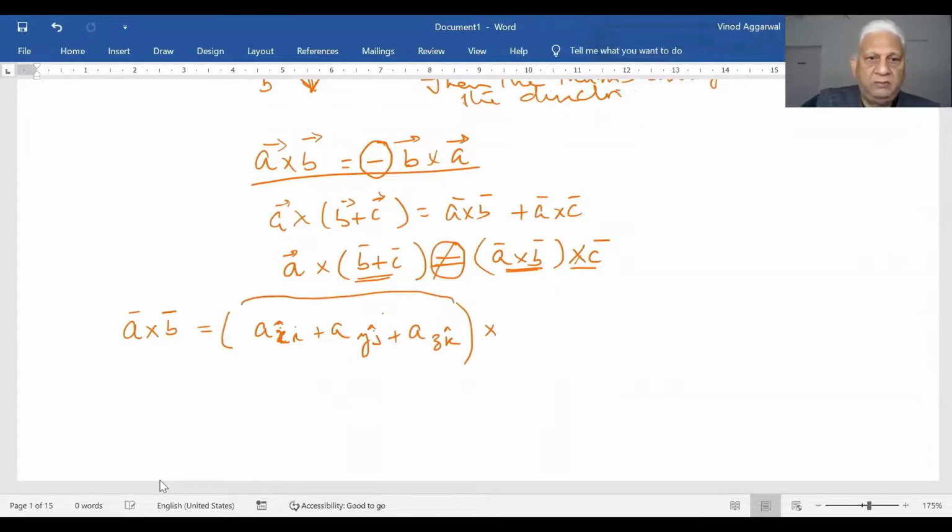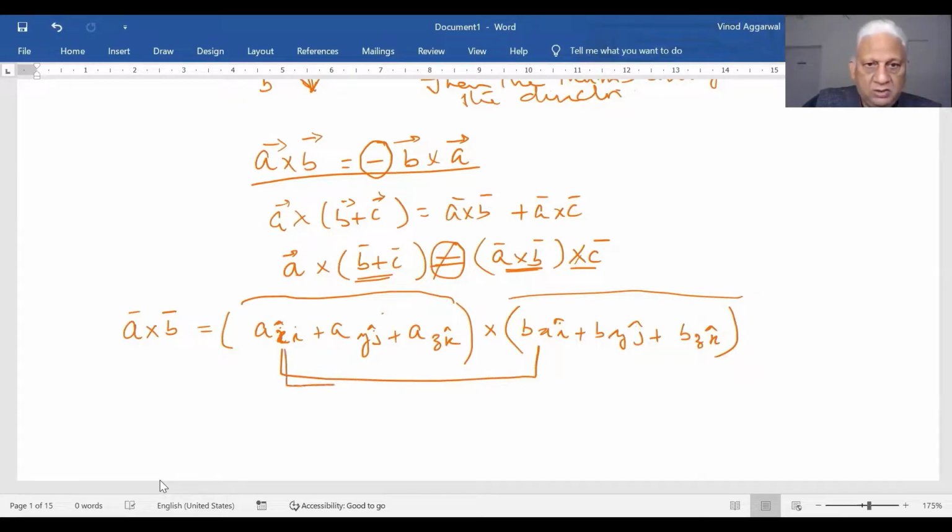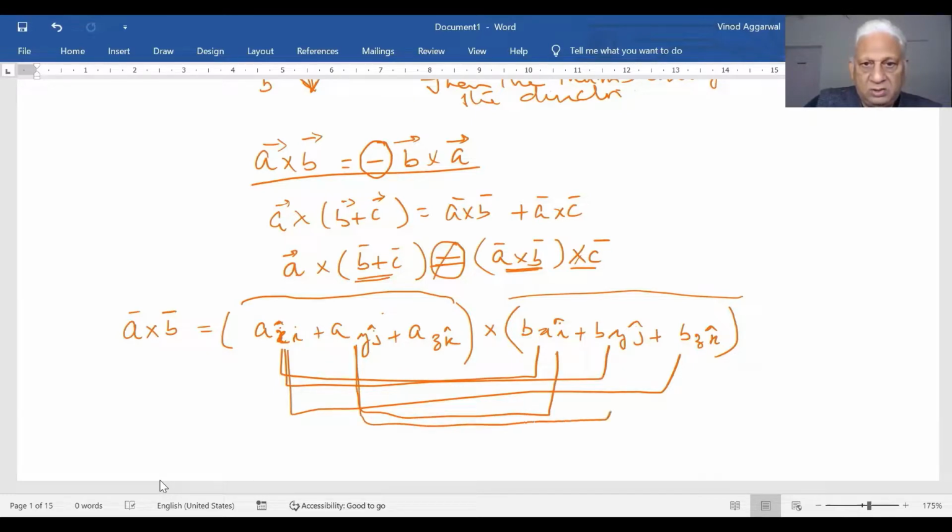This is the whole of B. Now when we do a cross product, we have to do this cross this, plus this cross this, and so on for all nine terms.